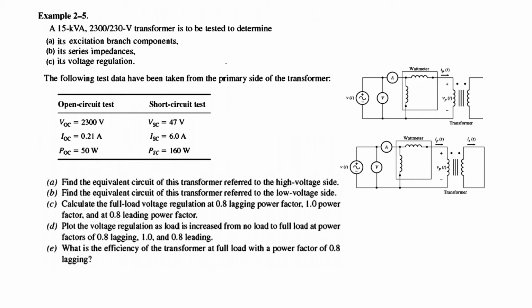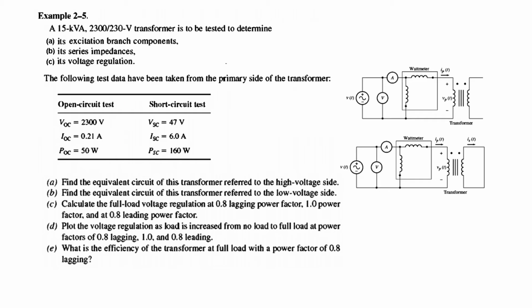Now let's see this problem given and solved in the book, example 2.5. A 15 kVA 2300/230 volt transformer, that means it is a step down transformer, is to be tested to determine its excitation branch component, that is the parallel branch, and the series impedances and voltage regulations.